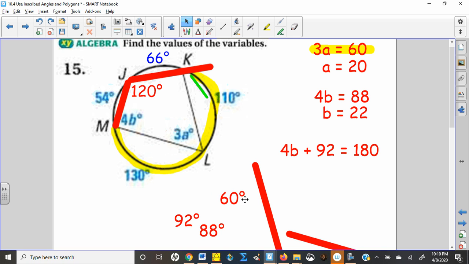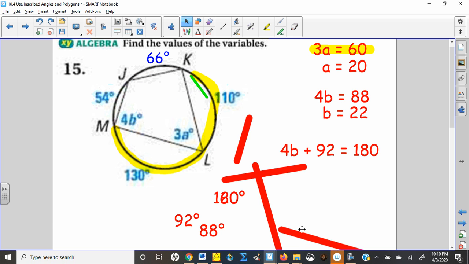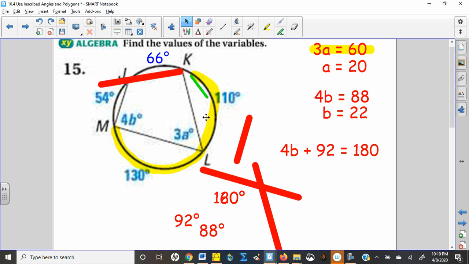Okay, now this one, there was another one I think we could have used. It would have been this. So I used those two. I didn't use these two, so that would have been angle K, right? Yeah. So it would have been this guy and this guy.